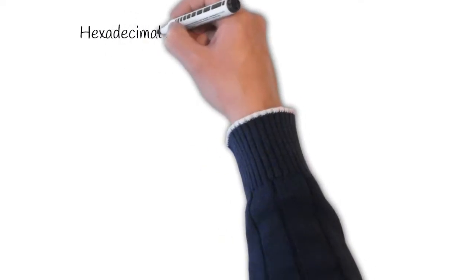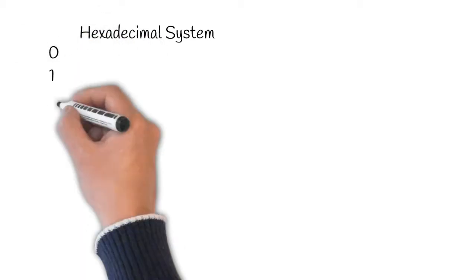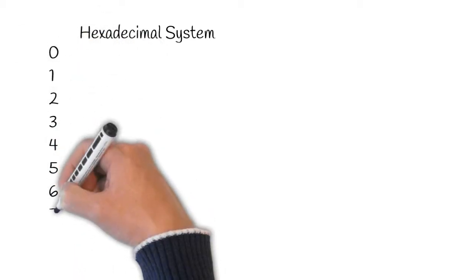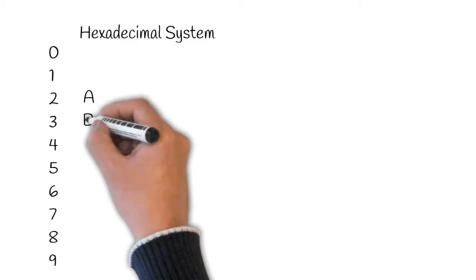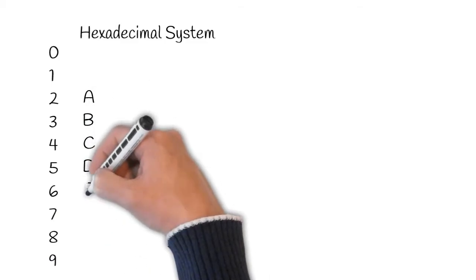The hexadecimal or base-16 number system is a representation of 16 different hex values ranging from 0, 1 all the way till 9, then A, B, C, D, E, F. Now let's use the same approach.